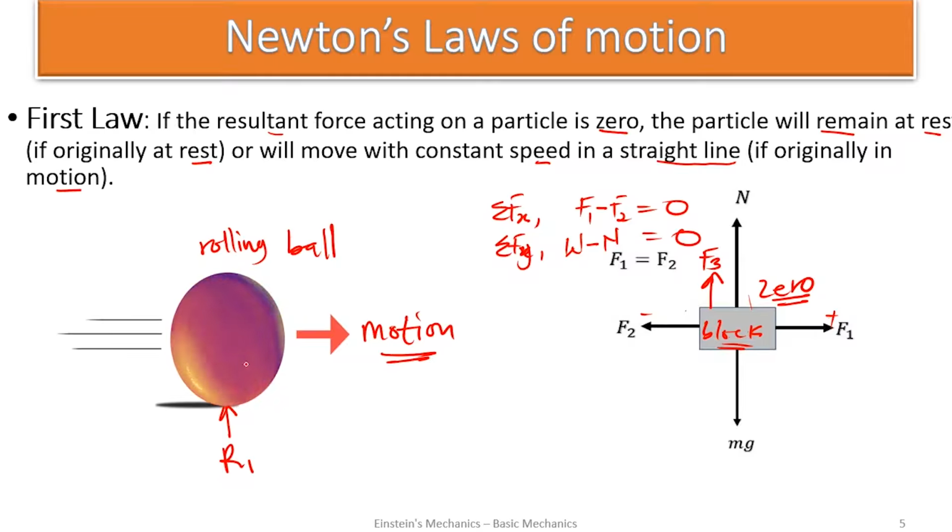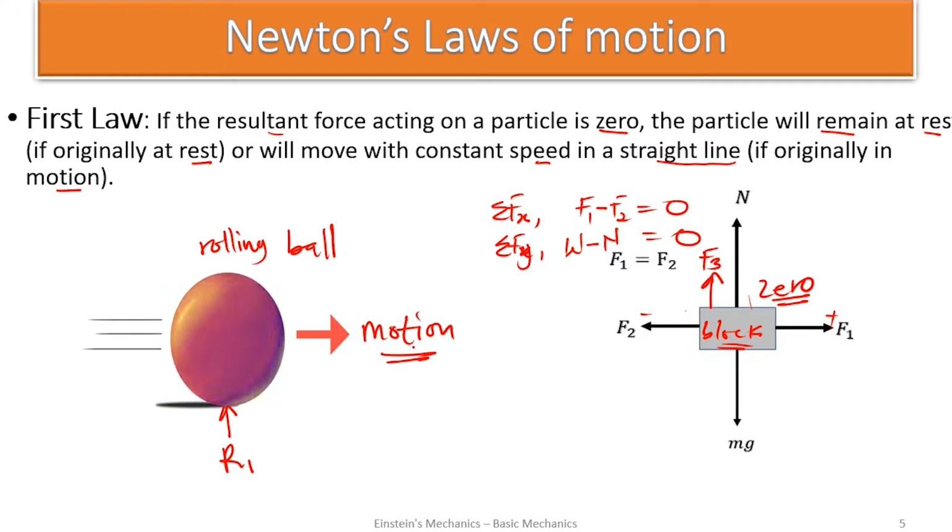If I want to stop the motion of this rolling ball, then I have to apply a third force to cause this ball to be at rest. So Newton was just telling us that anything in motion will continue to be in motion until it is stopped by another force.